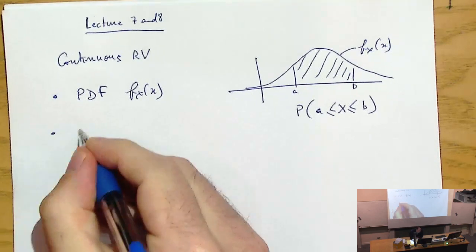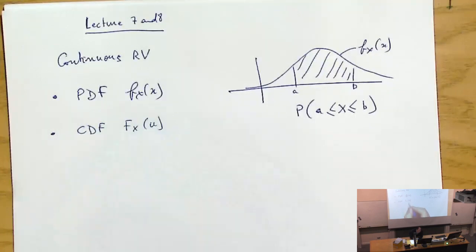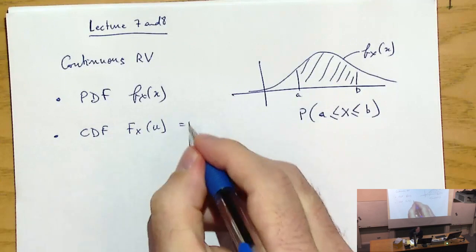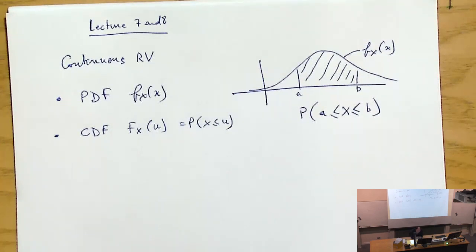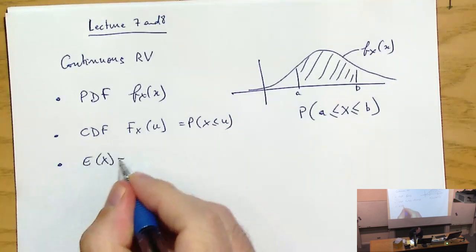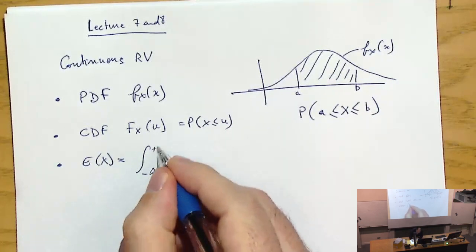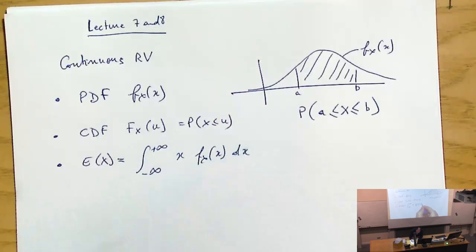Then we looked at CDF, right? That's the cumulative distribution function. So we're looking at the probability that x is smaller or equal to u, essentially. Then we look at expectation of x, right? So the expectation of x is the integral between minus infinity and plus infinity of x multiplied by the PDF of x.